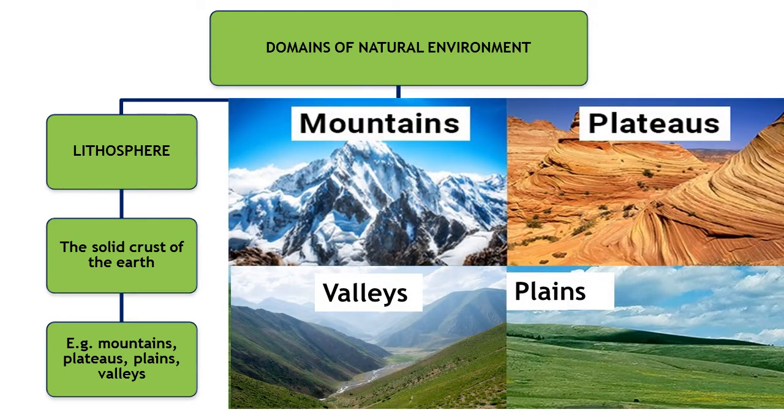So lithosphere or the crust can be in a variety of forms. It can be a mountain, a plateau, which means a tableland, or a valley, or it can be in the shape of a plain land. And this crust is under the ocean also. The ocean floor or the ocean bed is also lithosphere.